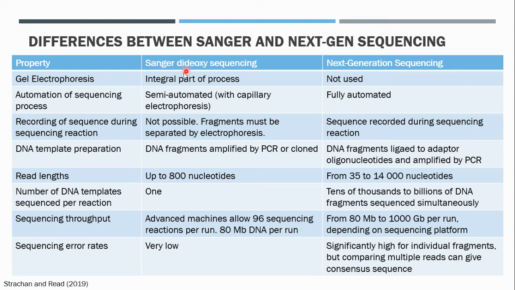Sanger sequencing or dideoxy sequencing cannot work without gel electrophoresis. However, electrophoresis is not used in next generation sequencing. Sanger sequencing is only semi-automated, for example, in the case of capillary electrophoresis. However, next generation sequencing is a fully automated process.